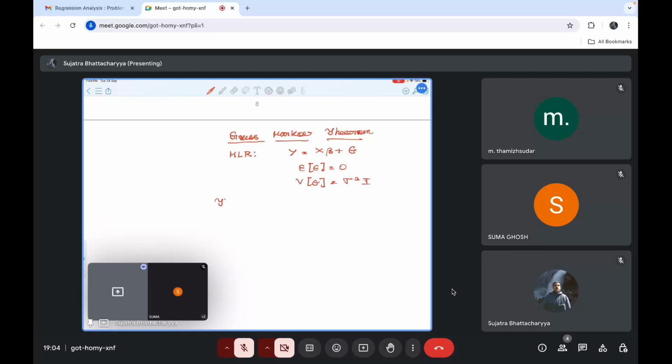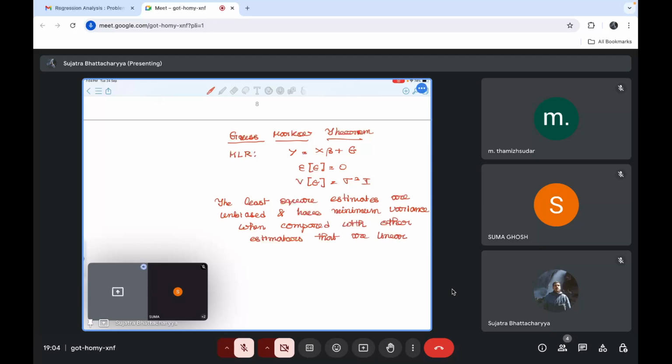The least square estimates are unbiased and have minimum variance when compared with other estimators that are linear combinations of y.